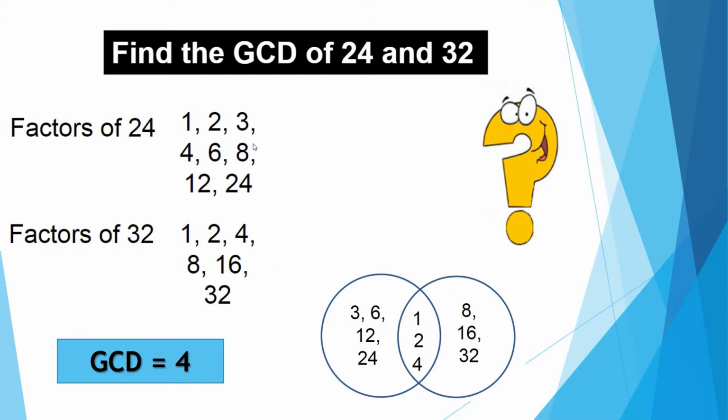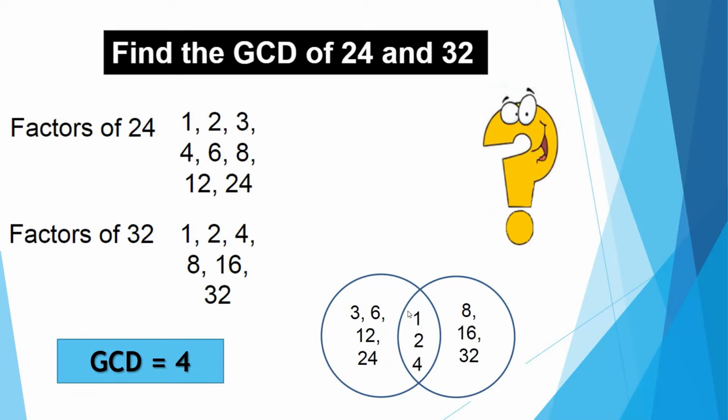Now, among these two, there are common factors for 24 and 32. Right? What are they? 1, 2 and 4. As seen here, 1, 2 and 4 are the common factors of 24 and 32.